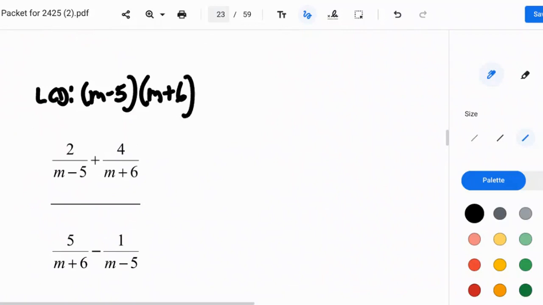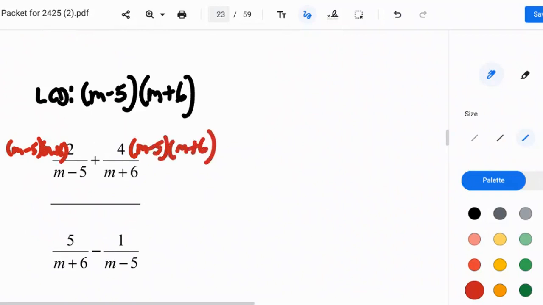Those are the two things I see on the bottoms. So now I'm going to multiply each top by those two binomials. So we get m minus 5 and m plus 6 in the top of each one of these. M minus 5, m plus 6, m minus 5, m plus 6.